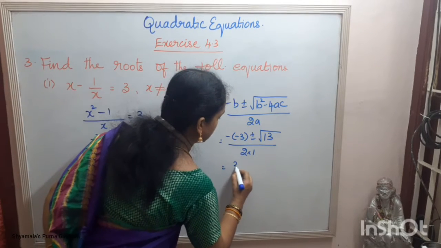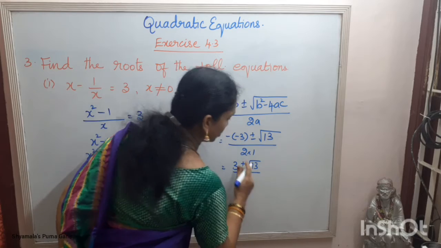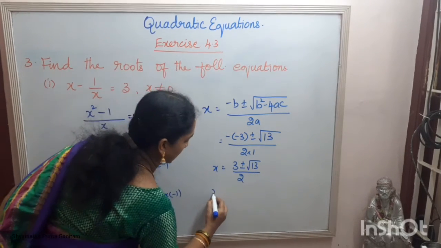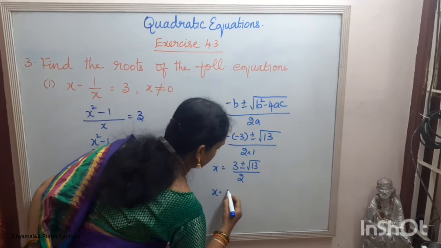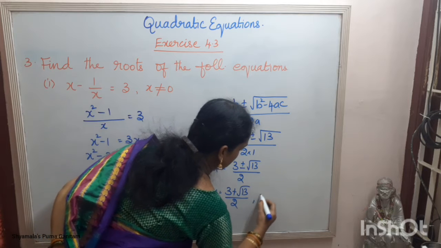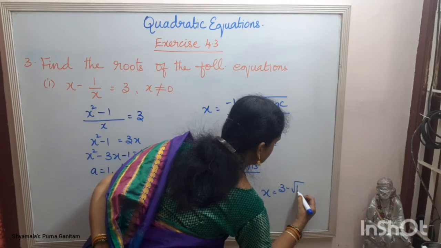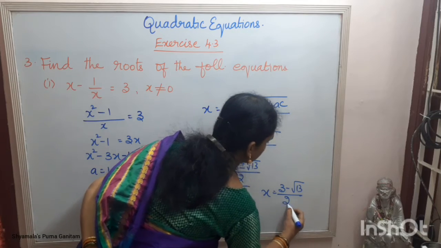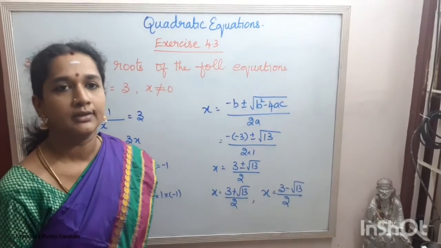So this is 3 plus or minus root 13 by 2. 2 ones are 2. So this is the x value. 2 x values, 2 roots we have to get. So the 2 x values are 3 plus root 13 by 2, that is one value. Then the other one is x is equal to 3 minus root 13 by 2. So these are the 2 roots for the given quadratic equation.